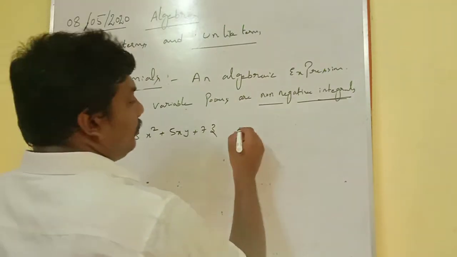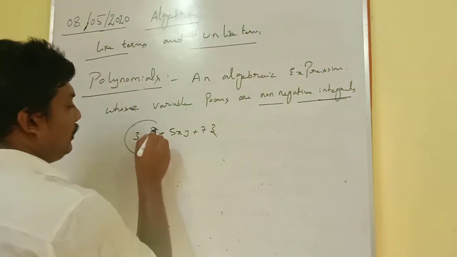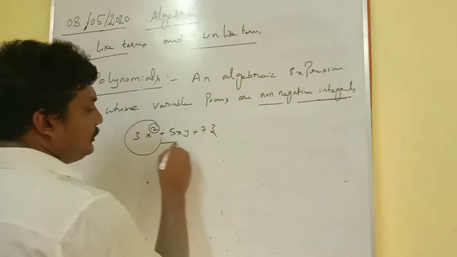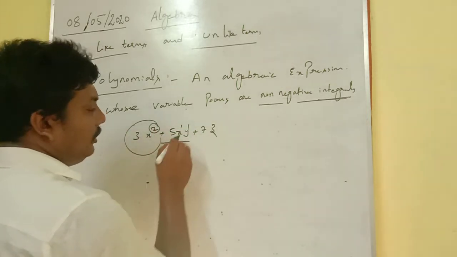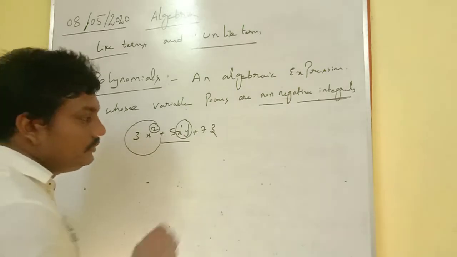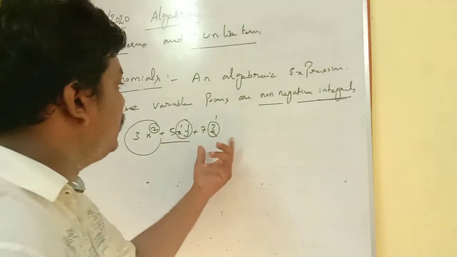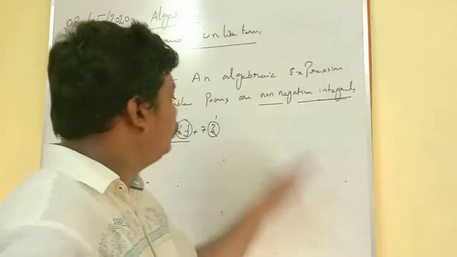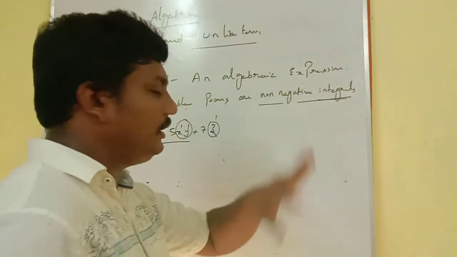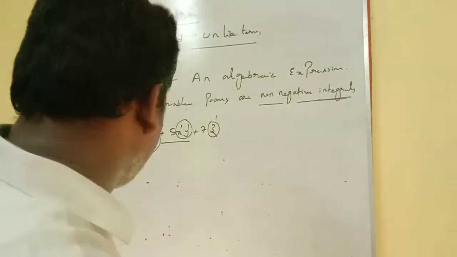Here this is a polynomial because this variable power is 2. This term's variable powers are 1 and 1, so this is also positive, and z also has variable power 1, that's why it is also a positive value. So an expression whose variable powers are non-negative integrals is called a polynomial.